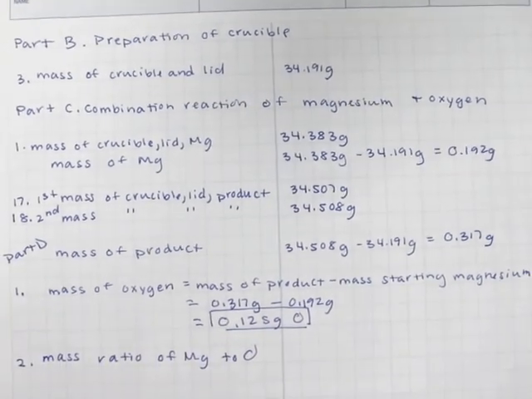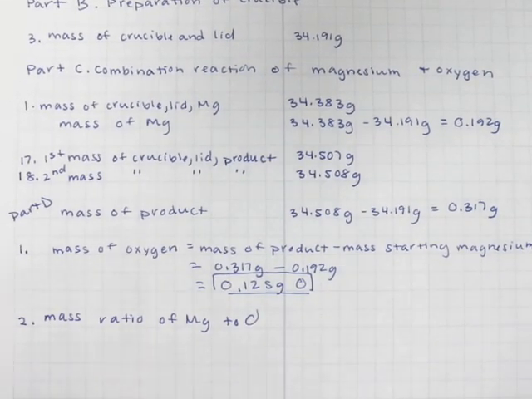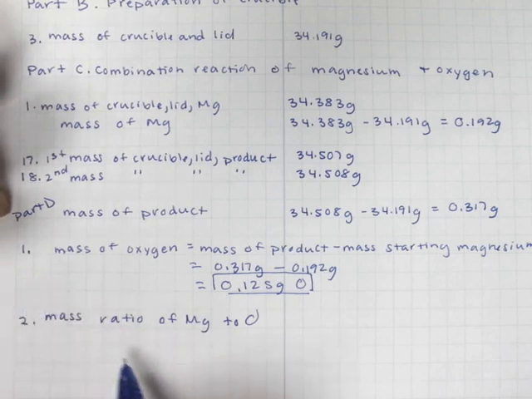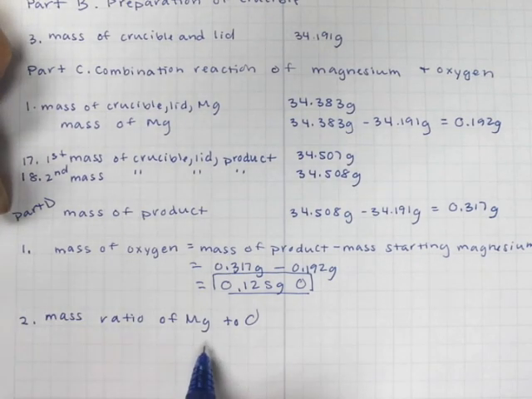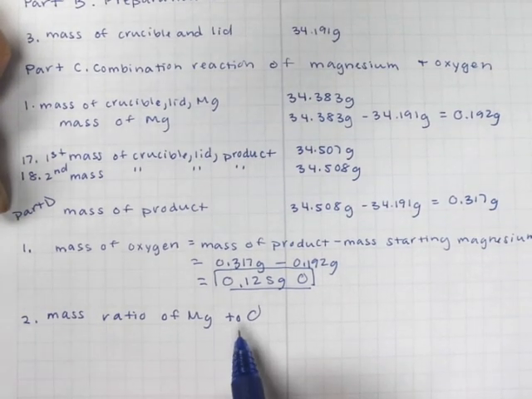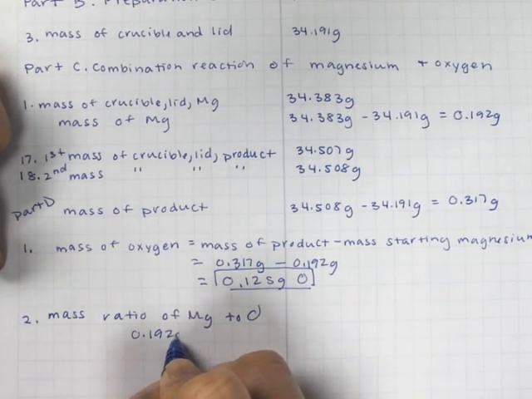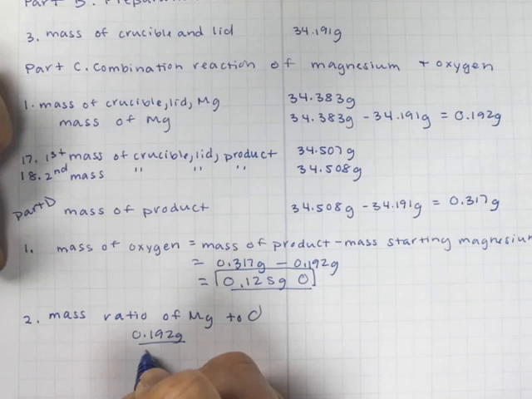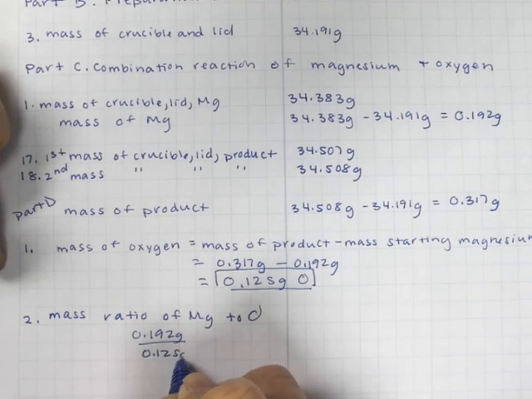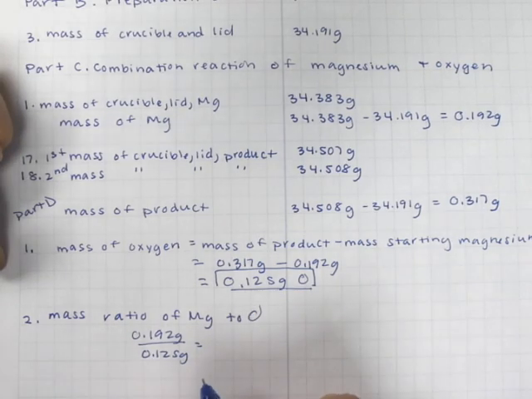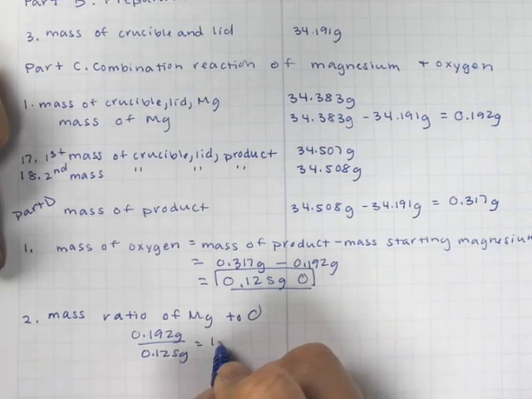All right, so to get to the mass ratio of magnesium to oxygen, we're in part D again. This is the mass ratio of magnesium to oxygen. You're just going to take the mass of magnesium, which was 0.192 grams, and then divide that by 0.125 grams. And that is about 1.5.